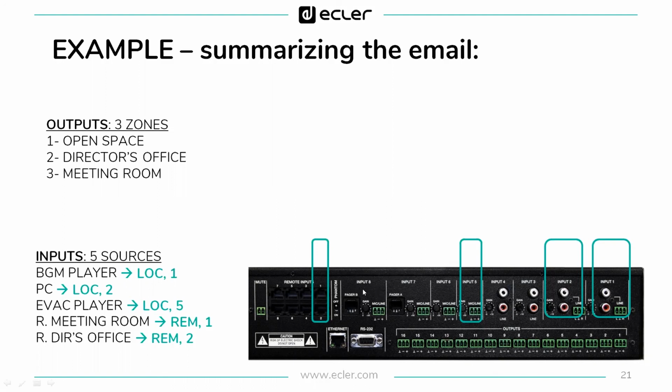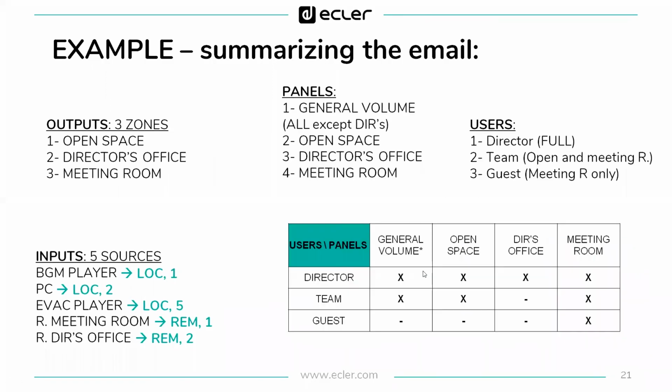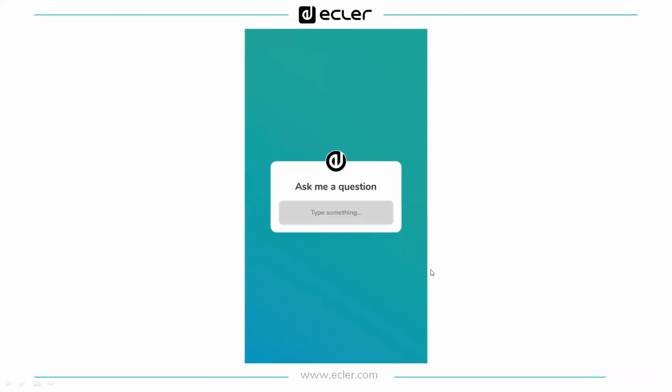Another question, from Abul Kalam: for the remote input, how long can we run the cable? I don't know if we have anyone from the technical team here who can help. It might be in the manual.